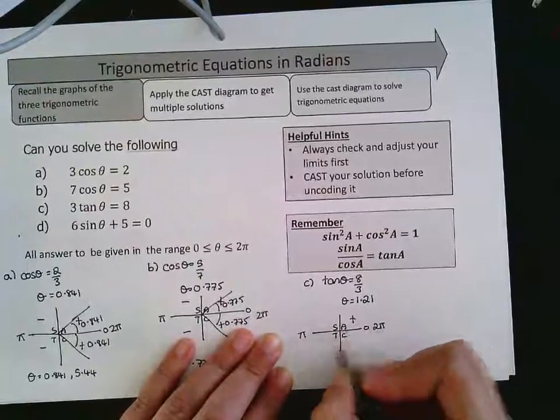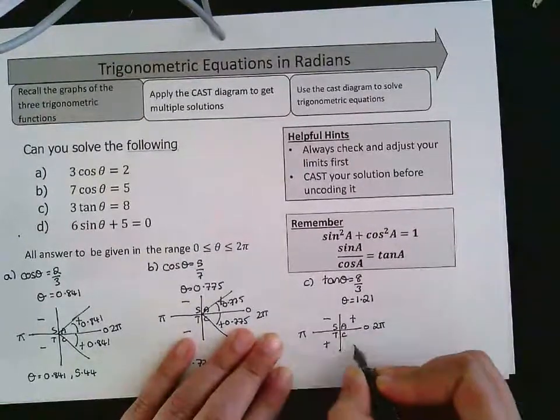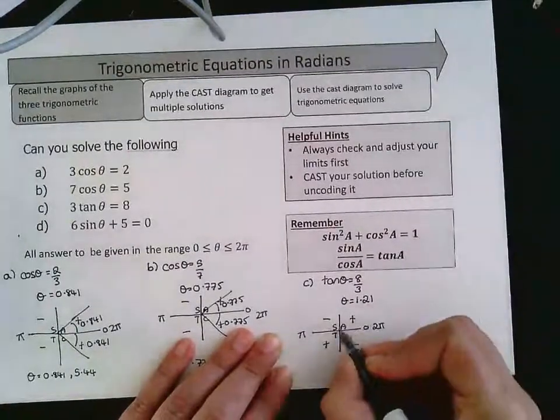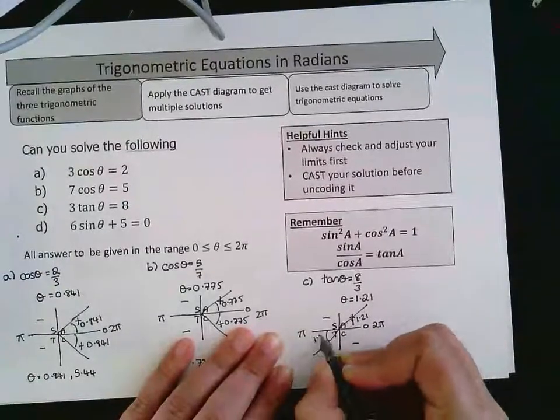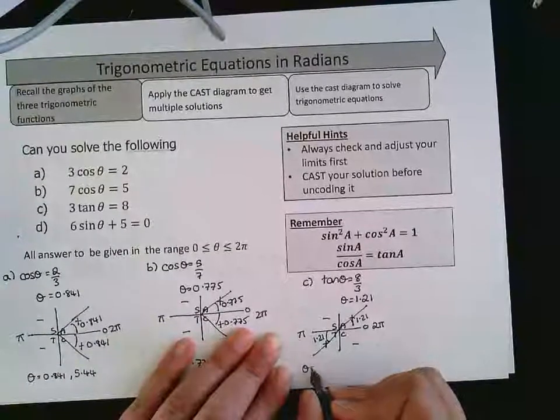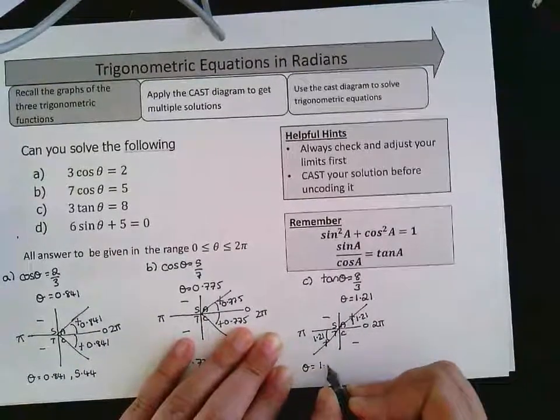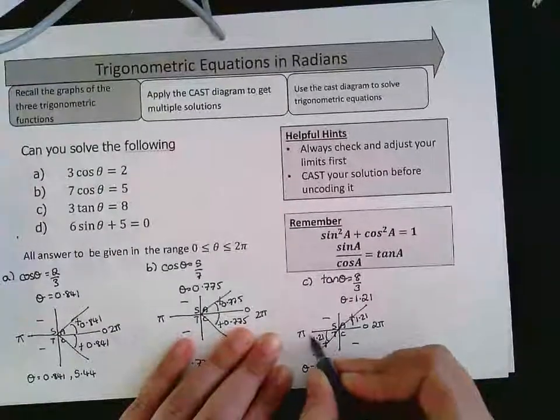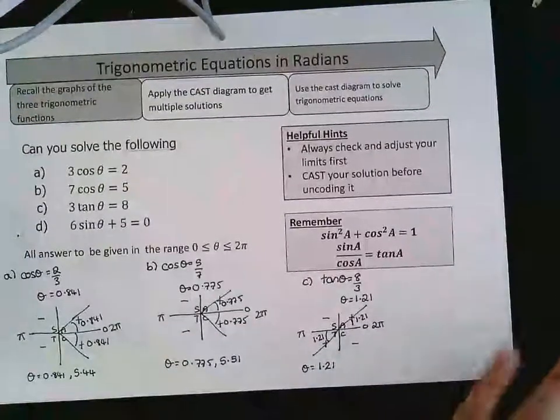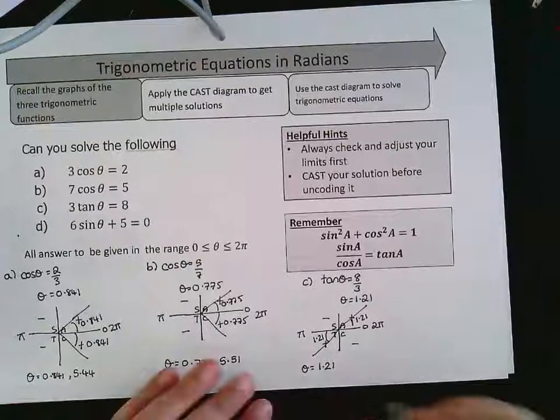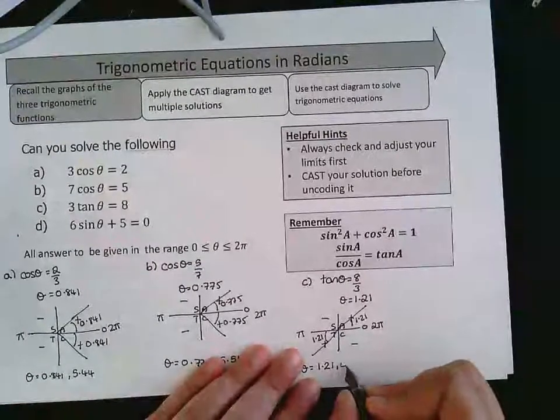Tan is positive in all of them, and here, and negative in the other two. We have a positive angle, so I draw it in the positive sections. And then I get my solutions, 1.21. And how far have I travelled? Pi plus 1.21, so to 3 significant figures, 4.35.